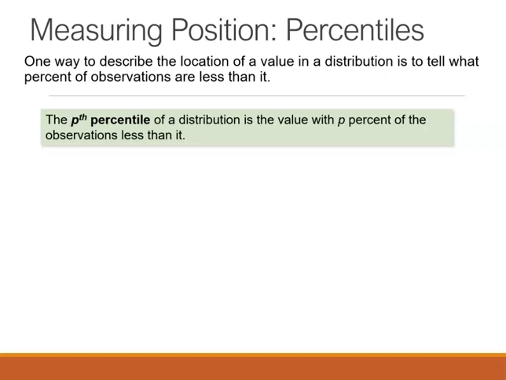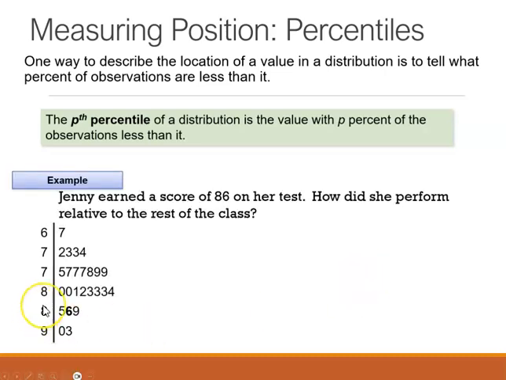So I want to go back and talk about percentile rank. This was something we did early on in the semester. If you remember, the pth percentile of a distribution is the value with p% of the observations less than it. So remember, we did problems like this. Like we said, okay, Jenny earned a score of 86 on her test.